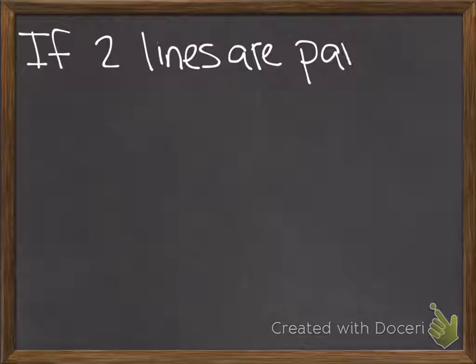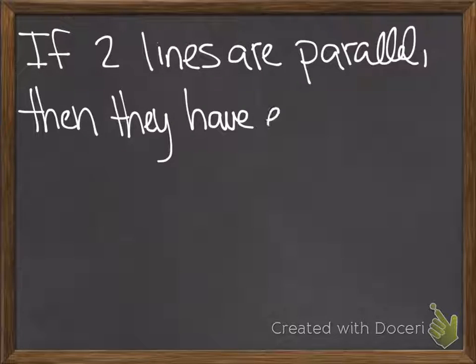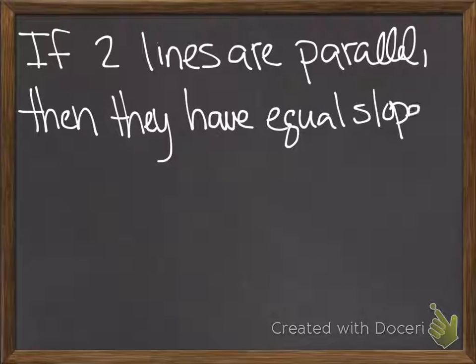If two lines are parallel, then they have equal slopes. Yes, they're like railroad tracks. Yes, they never touch. But most importantly, what we need to know is that they have equal slopes.